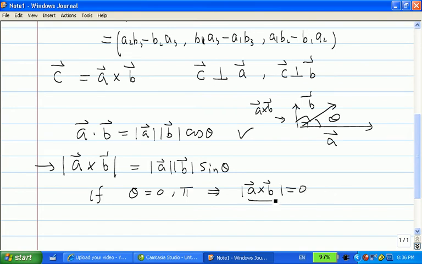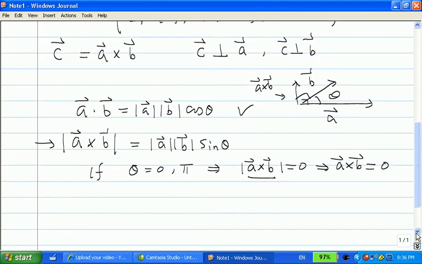This is a vector whose magnitude is 0, which implies this vector is 0 itself. So what does that mean? That means if your vectors A and B have the same direction, the angle between them is 0, then the cross product gives you 0.